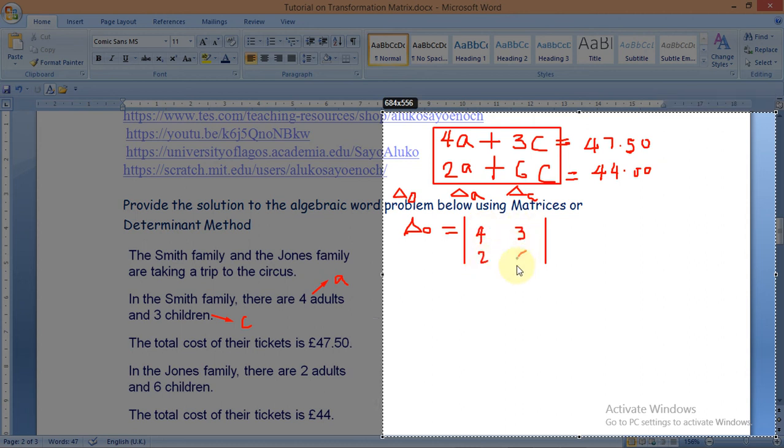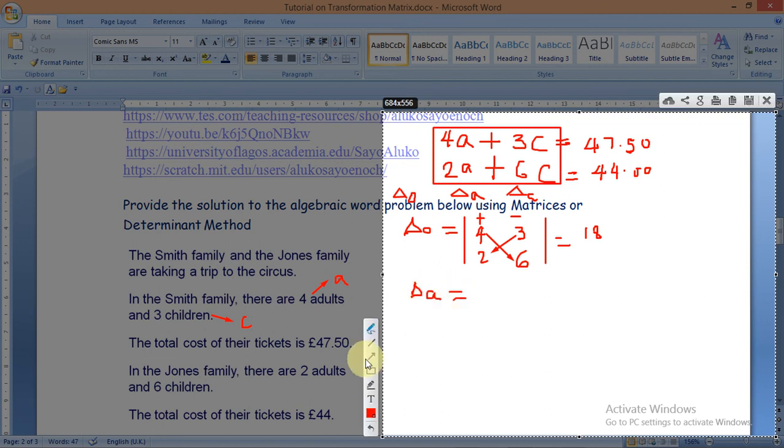Guys, I'll be very fast because of our time. Just plus minus, so you can confirm my solution. You multiply this one by this, take away this one by this. So the determinant there, delta naught, will give you 18, because that will be 24 minus 6. Yeah, I think I'm correct, 24 minus 6 is 18. Okay, then next, delta A.